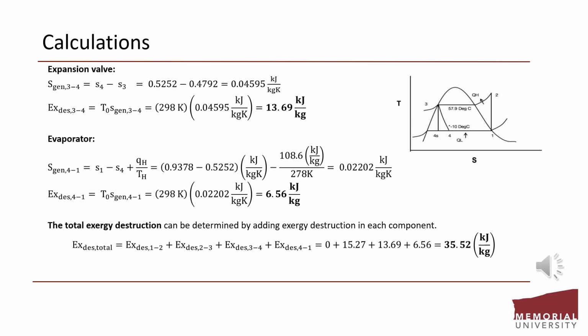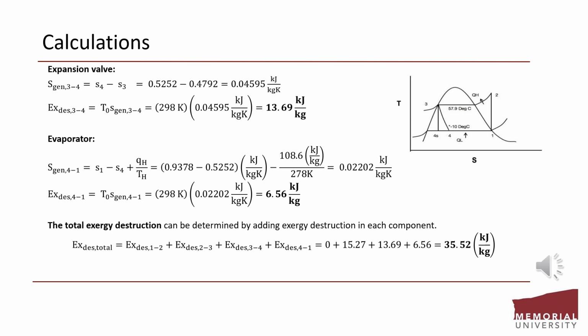In the same way, we can calculate the entropy generation at the expansion valve from S4 and S3, and after that the Exergy destruction of the expansion valve, which will be 13.69 kJ per kilogram. In the same way, the Exergy destruction at the evaporator will be 6.56 kJ per kilogram.